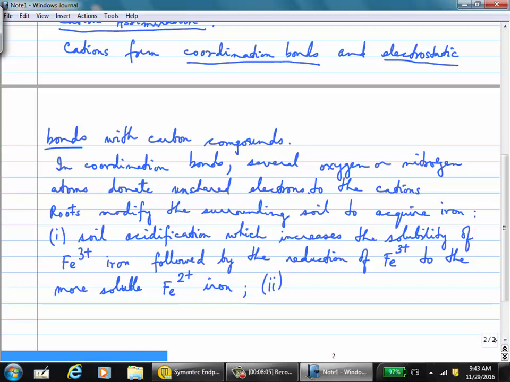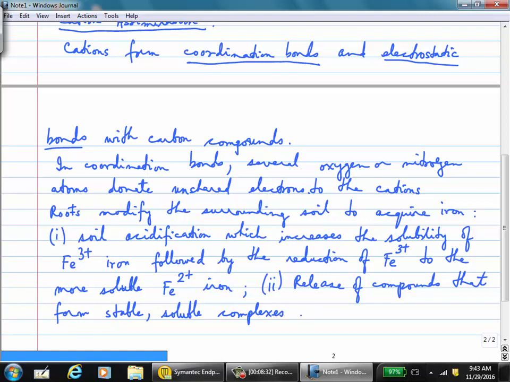And then the second thing that they can do is the roots can also release compounds that form stable soluble complexes with iron. And these are called iron chelators.